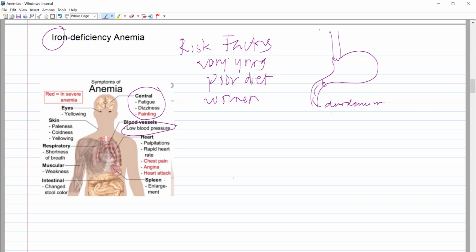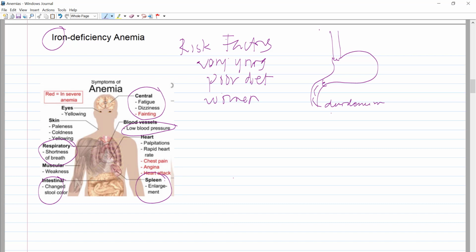That's why the blood pressure is really low. Patient can have shortness of breath. What else? Patient can have splenomegaly as a compensatory mechanism. Patient's stool color will change because, again, iron is absorbed in the duodenum.